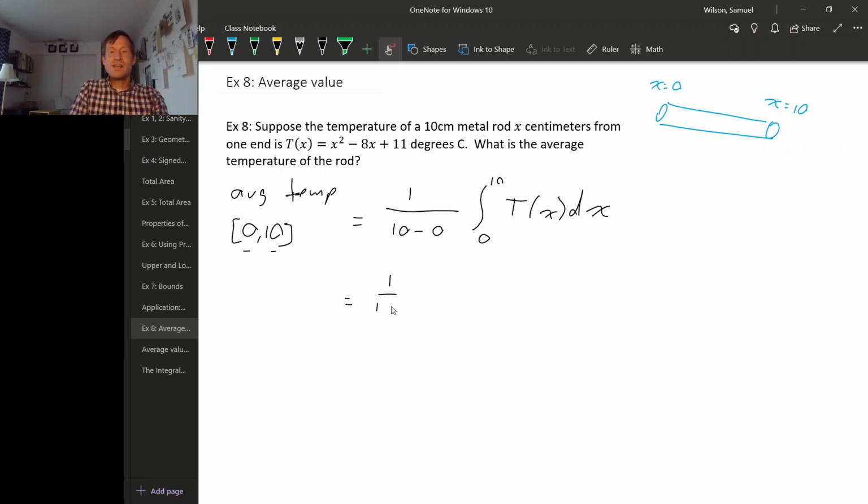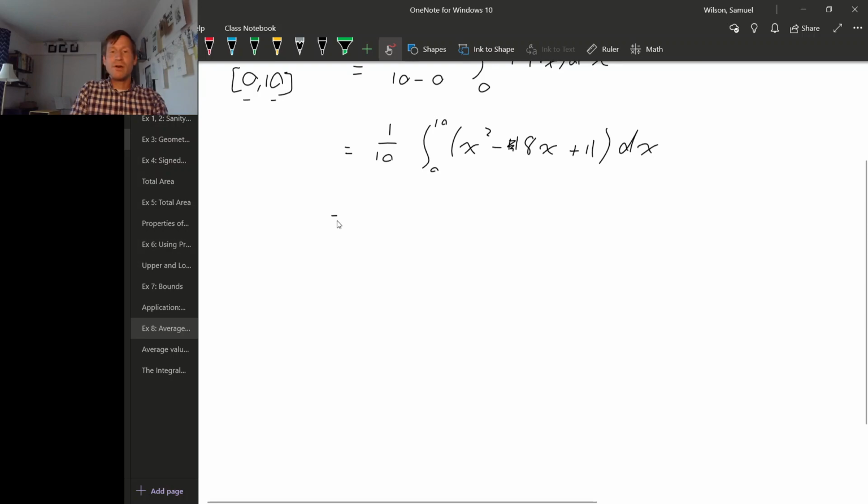So 1 over 10 times the integral from 0 to 10 of x squared minus 8x plus 11 dx. Now we can break up this integral over the sums.